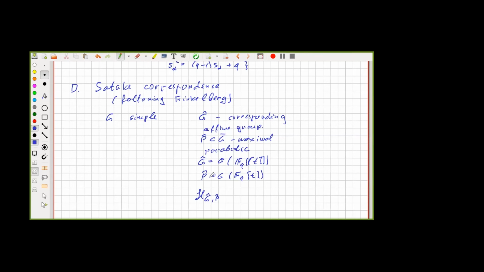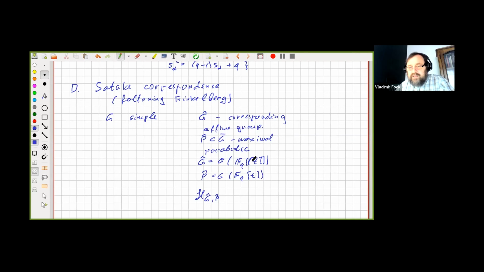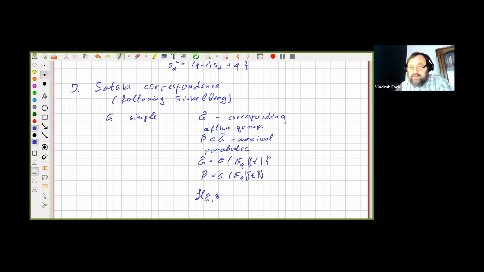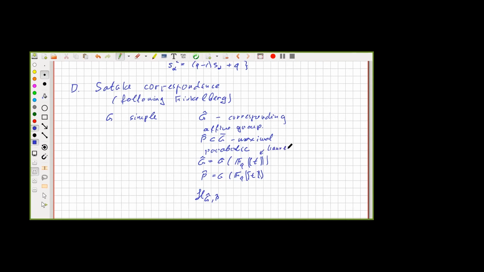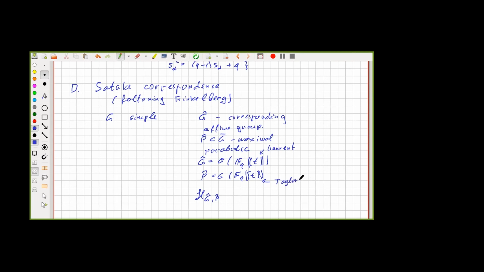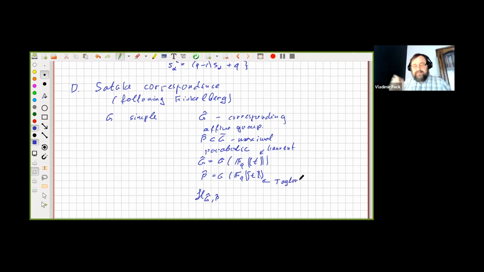You have round brackets, double brackets. The bottom one is formal power series, and this one is formal Laurent series. Taylor. Right. Okay, sorry for that. You are right.